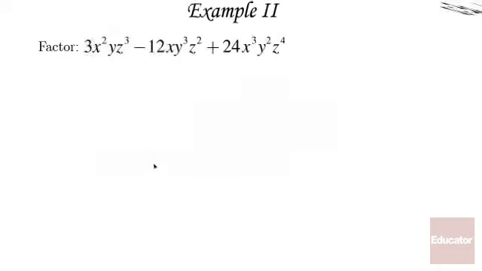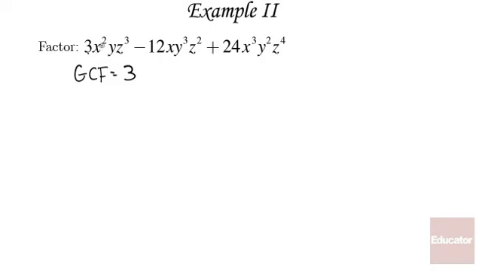Okay. In the next example, we're asked to factor this trinomial, and the first step is to factor out a greatest common factor if there is one. And I'm looking here for a greatest common factor. And I see that I have a 3 that can be pulled out of all of these terms.